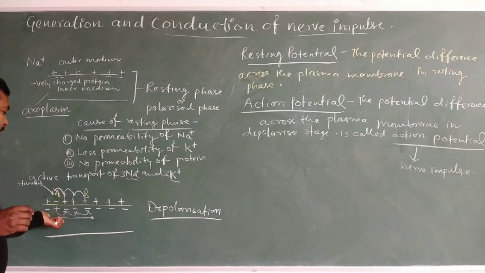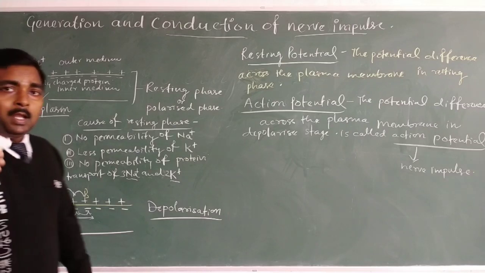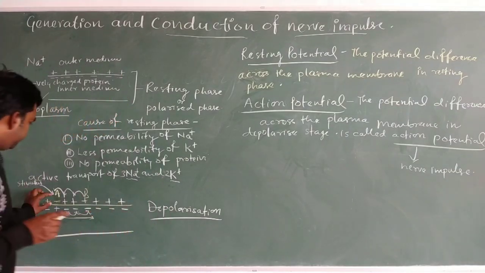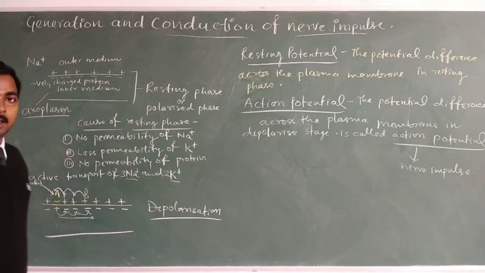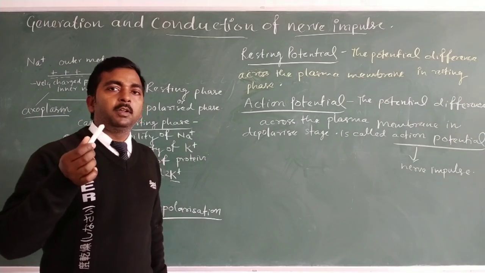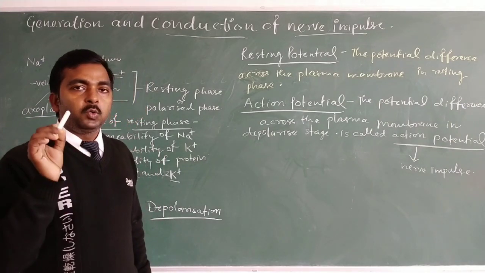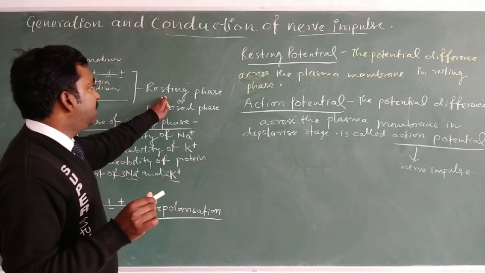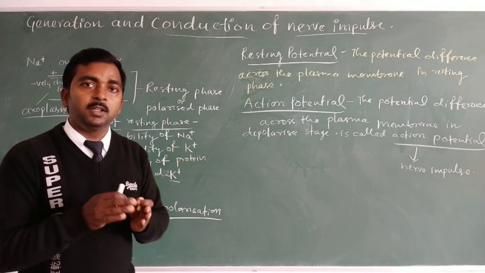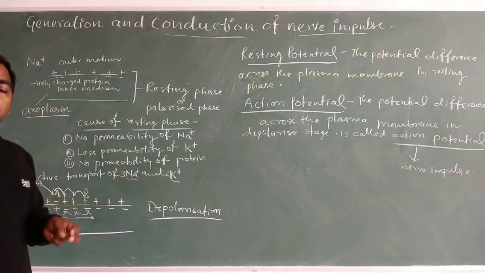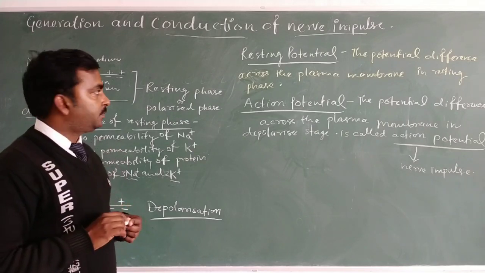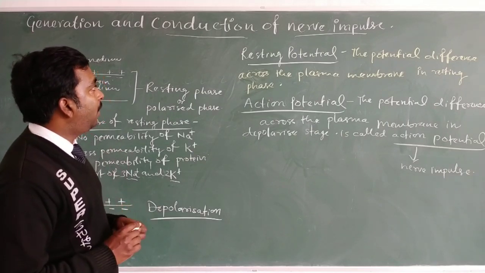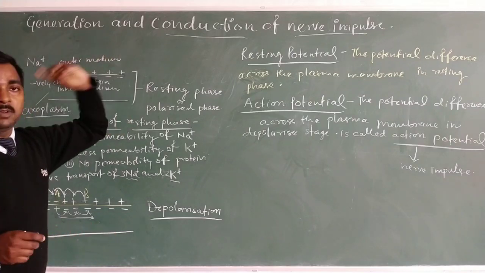At the same time, at point A, the potassium ions also move outside the plasma membrane to create the resting phase again, or to make the resting potential at point A to generate the next impulses. So this is all about the generation and conduction of nerve impulses.